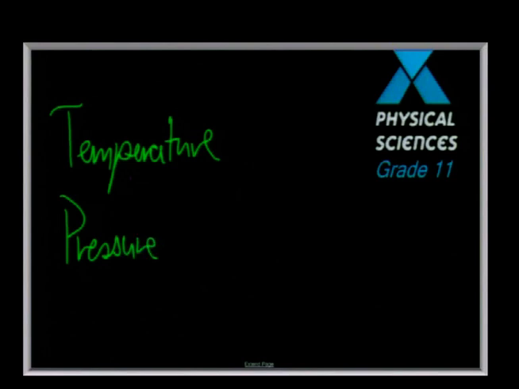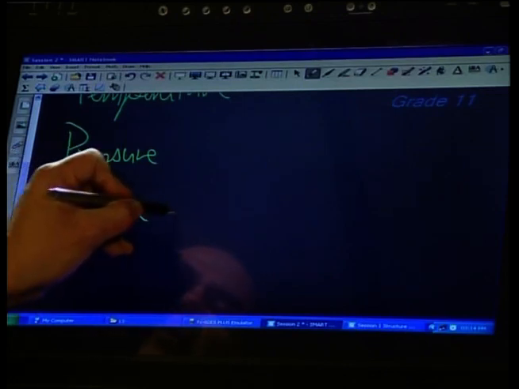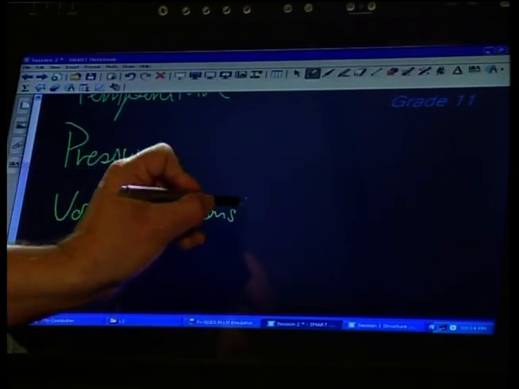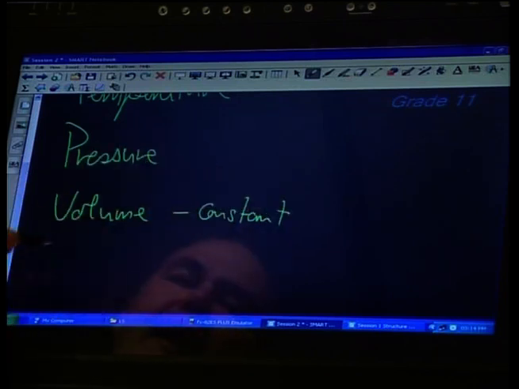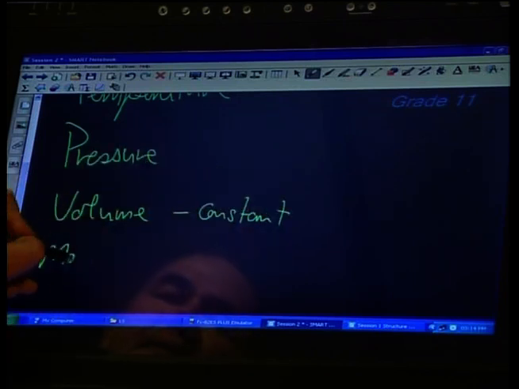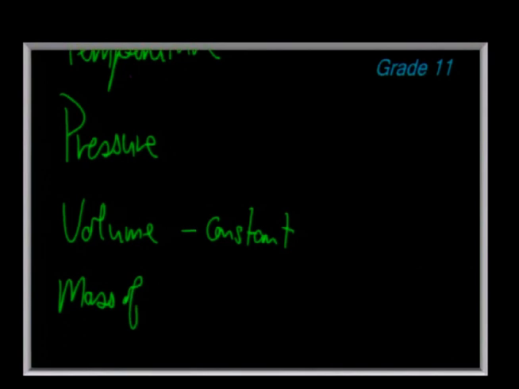Now, there's some debate about who the person was that first did this, but what I need you to realize is that's not part of it. What we need to recognize is that here, volume will be constant, and the mass of gas will also be constant.